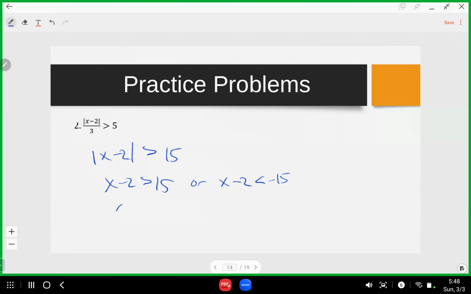So x is greater than 17 or x is less than negative 17. Actually, no, it's less than negative 13. Okay, so our interval notation will be negative infinity to negative 13 union 17 to infinity. Thank you very much.